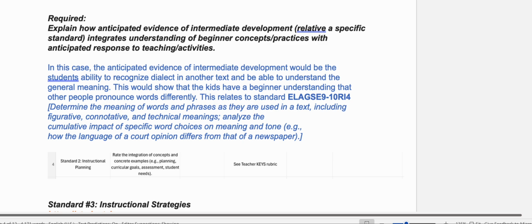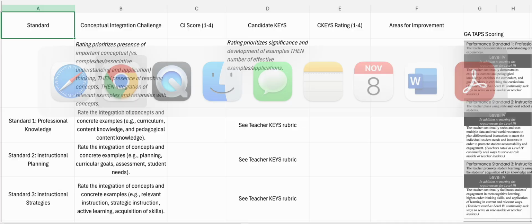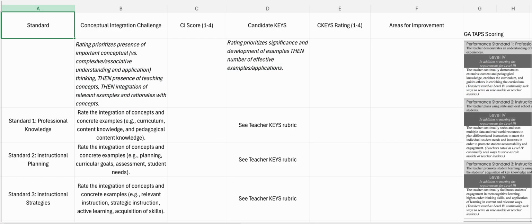standard. And so as I go back to my rubric, I have 2 places to discuss her conceptual integration. Did she continue to talk about planning and student needs effectively? I think she did.